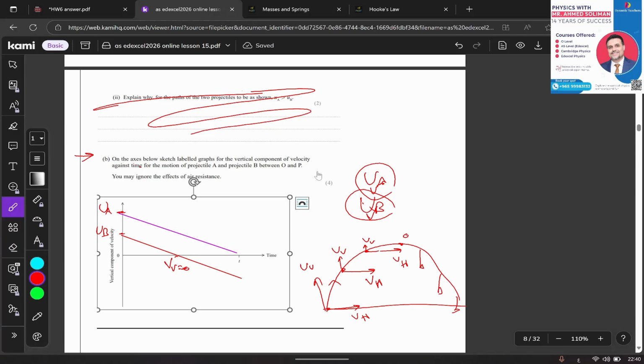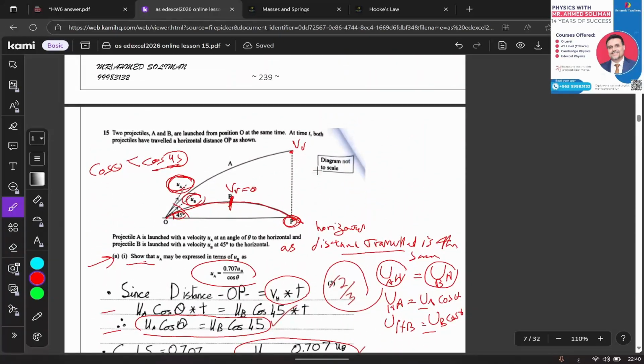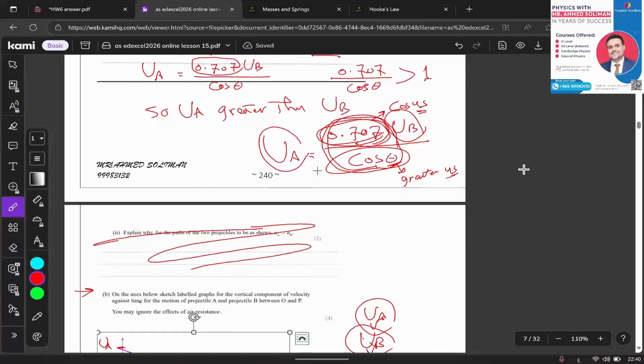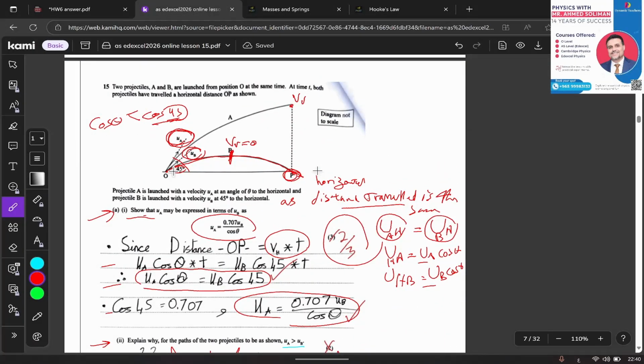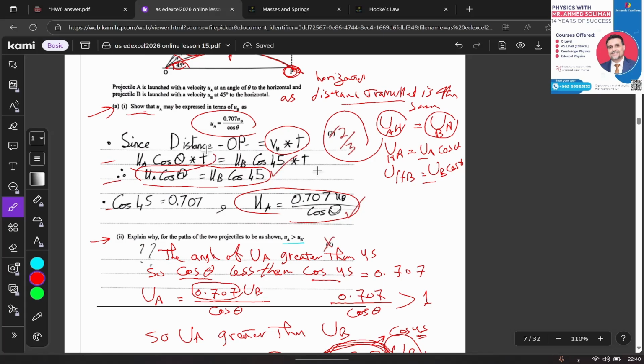Do you understand, Mirula, my drawing? Yes. But I have a question. What if it asks for the horizontal component? The horizontal component is constant. It doesn't change. The horizontal component of B and A is equal, and we said this in this part.